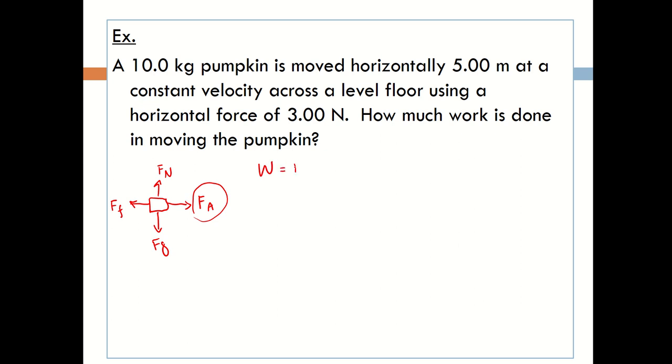So in this case, our work is going to equal the Fa times the distance. So we get 3 newtons times 5 meters equal to 15 joules of work. So again, the message from this is that the applied force is the one we need to use in order to find the work done.